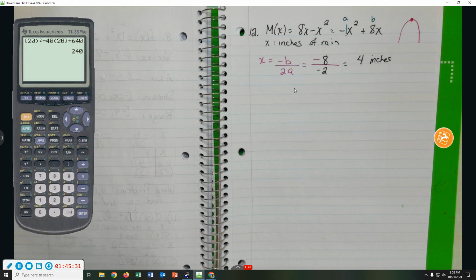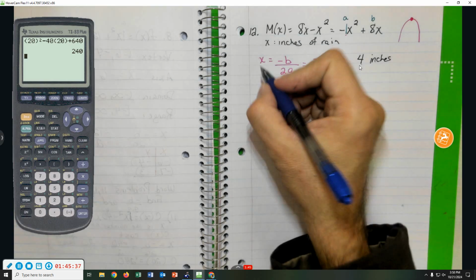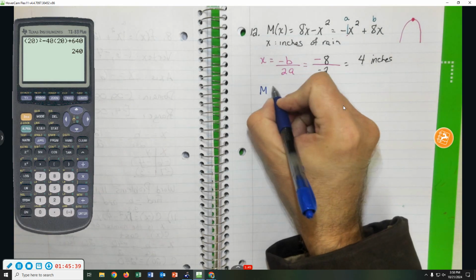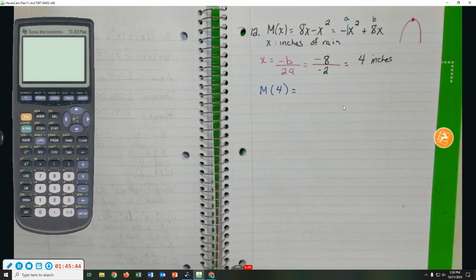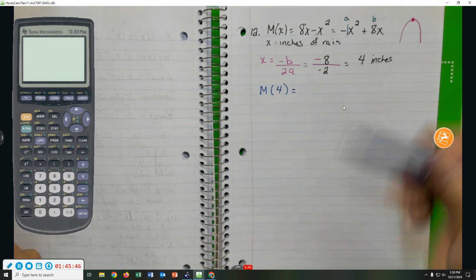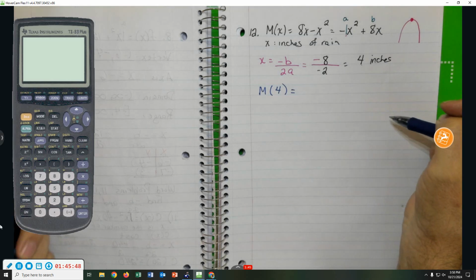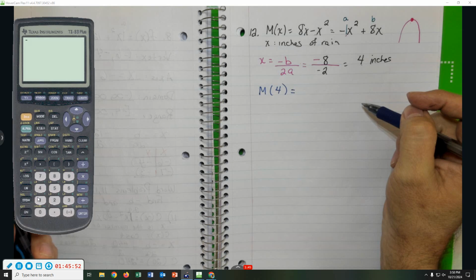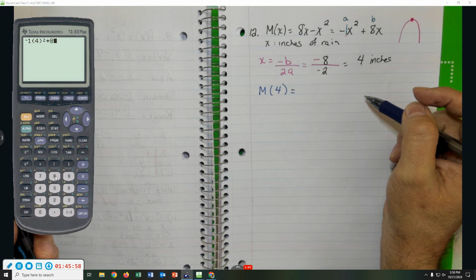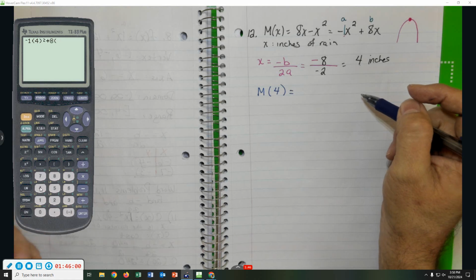X is the number of inches. That's not saying we're going to have 4 million mosquitoes. It's saying that 4 inches of rain will maximize the number of mosquitoes in that area. To determine how many mosquitoes you have, that's when you plug in the 4. So that's negative 1 times 4 squared plus 8 times 4.